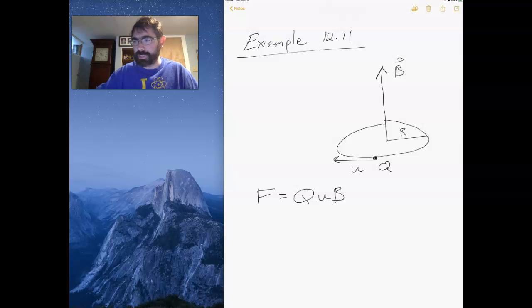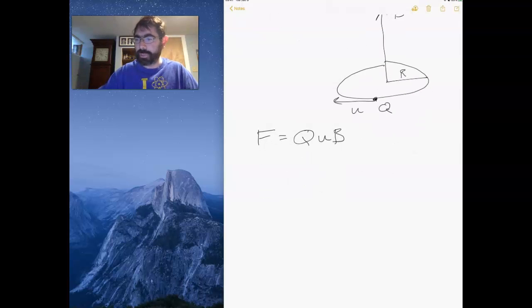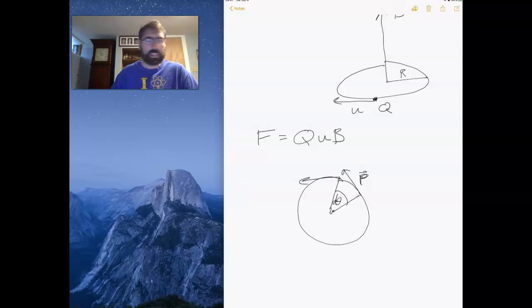If I now look down on this from above, what I would see is this charged particle, which is moving with some momentum p, and then after going through an angle d theta, it now has a momentum p plus dp. So in the end, dp is the momentum p times the angle d theta, which is basically just the arc length formula.